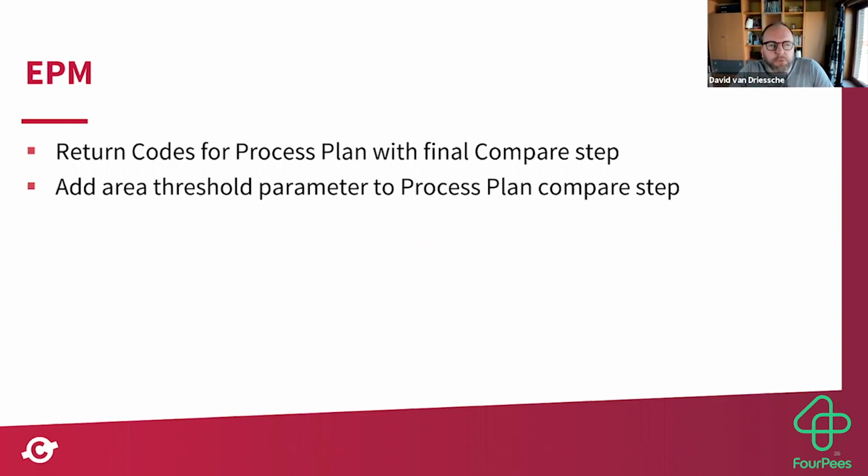And one of the reasons for doing that was to see whether we could come up with a process plan that you can then use to test whether a document, or certain pages in a document, is ready for EPM or not. In other words, if I print this, is there going to be a very big color difference if I print it using EPM?